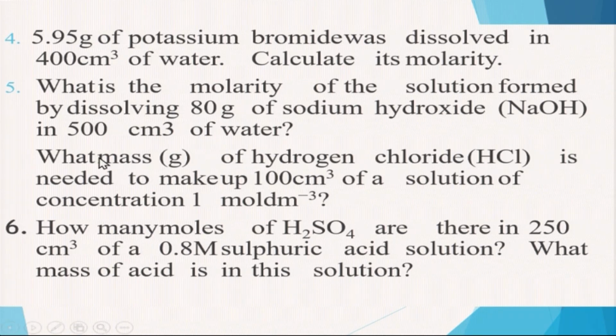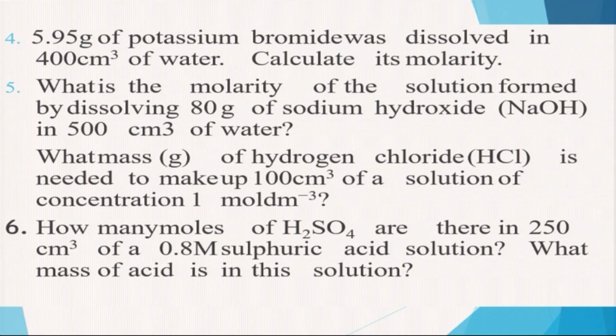I will review these questions. What mass of hydrogen chloride is needed to make this solution of concentration? So this time you have the concentration and you have the volume. So you need to calculate the number of moles. After getting the number of moles, then calculate the mass.